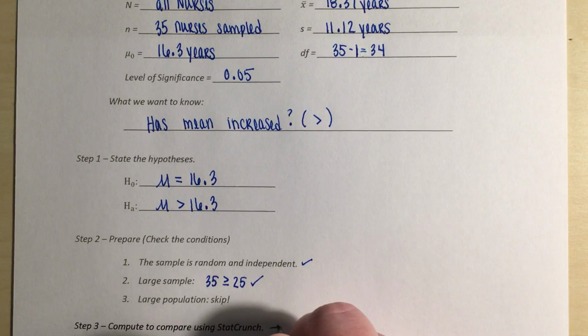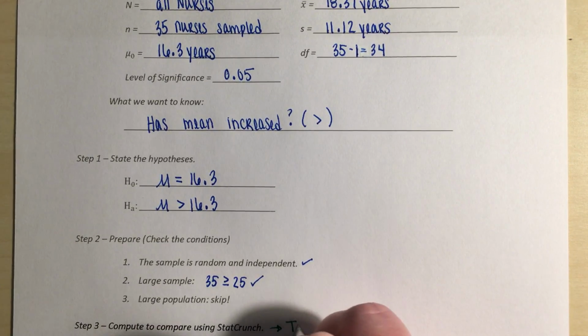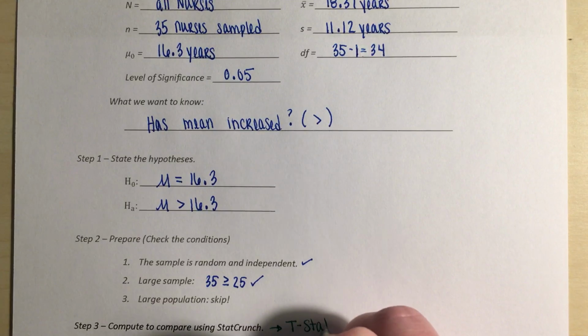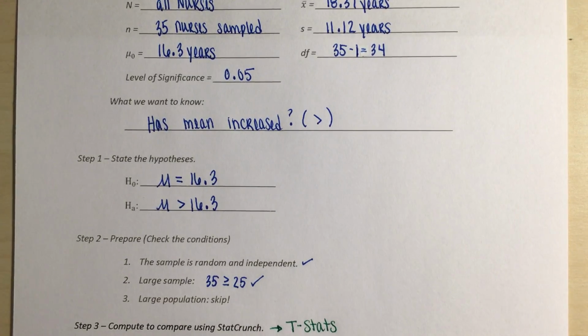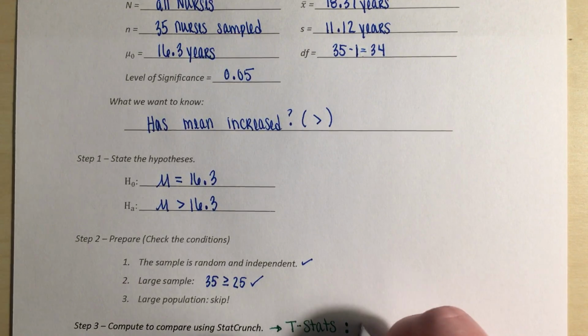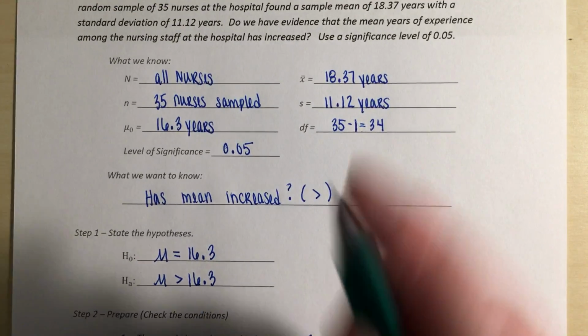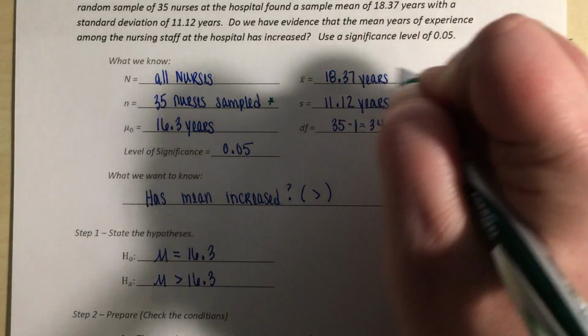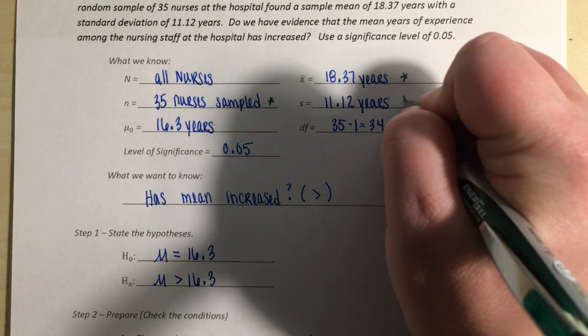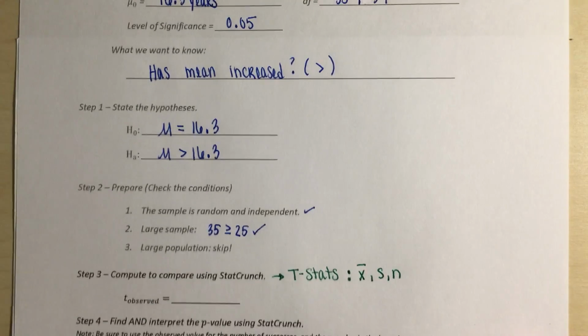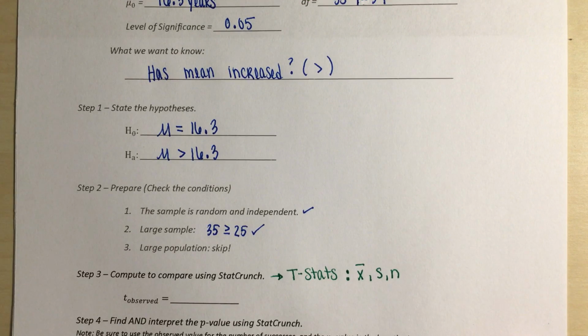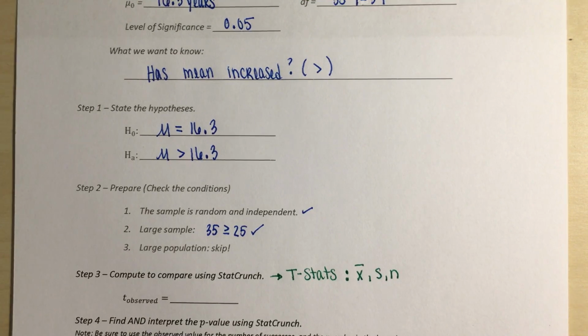Right, so we're going to use StatCrunch. In StatCrunch, remember that we are going into our T stats, one population with summary. We are going to enter our N, our X bar, and our S. We do want to make sure that when we are selecting hypothesis tests that we get all the rest of the information in there.